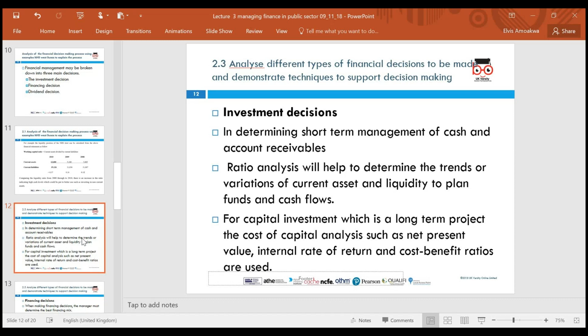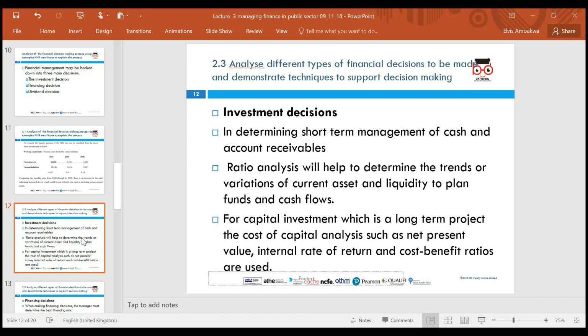If you are taking investment decisions in general, in determining short-term management of cash and account receivable, that is the investment decision.